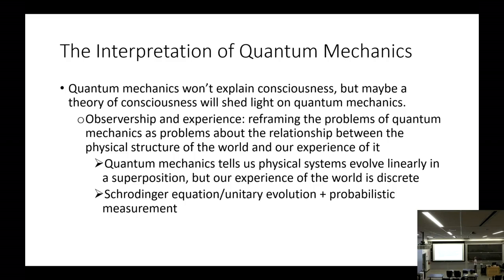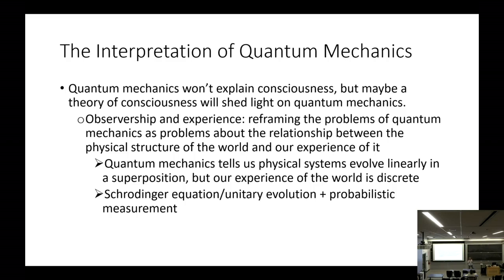He says the problem comes down to reconciling an issue between observership and experience. So trying to reframe the problems of quantum mechanics as problems about the relationship between the physical structure of the world, Schrodinger's equation, and our experience of it.